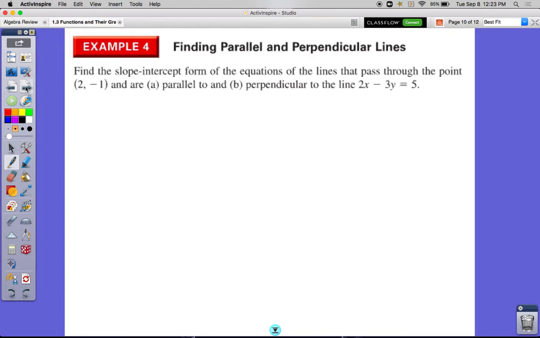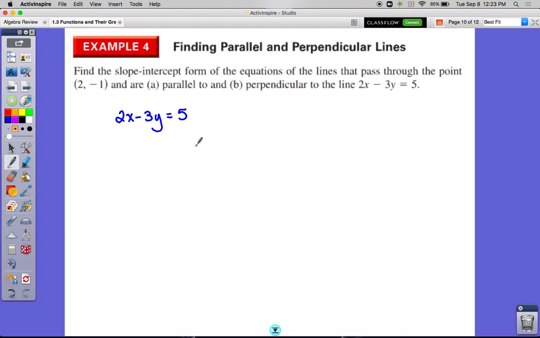I can't even begin to describe parallel and perpendicular unless I know something about the original line that I can compare to the new line. Now, parallel would have the same slope. For perpendicular, I have to flip and switch the slope. But all they gave me was a line of 2x minus 3y equals 5. They didn't give me a slope. So how do I find the slope of this line?